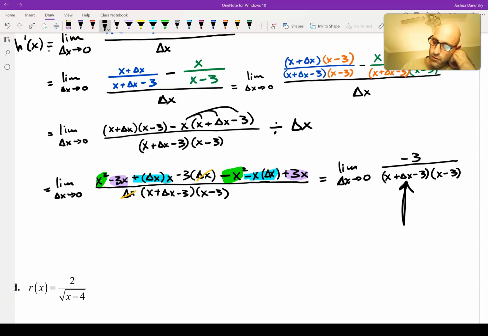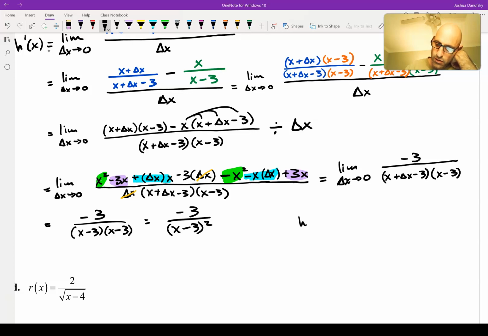Letting delta x go to 0, we now have -3 over x minus 3 times x minus 3, which of course is -3 over x minus 3 squared. And that is the derivative. H prime of x is equal to -3 over x minus 3 squared, like that.